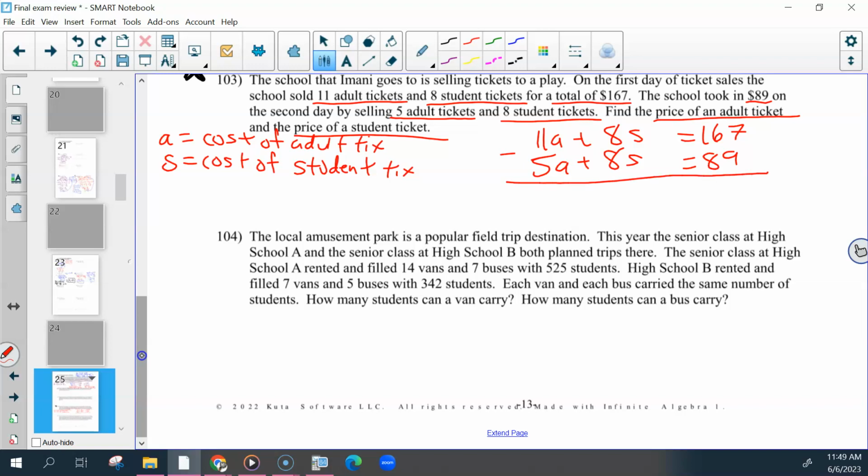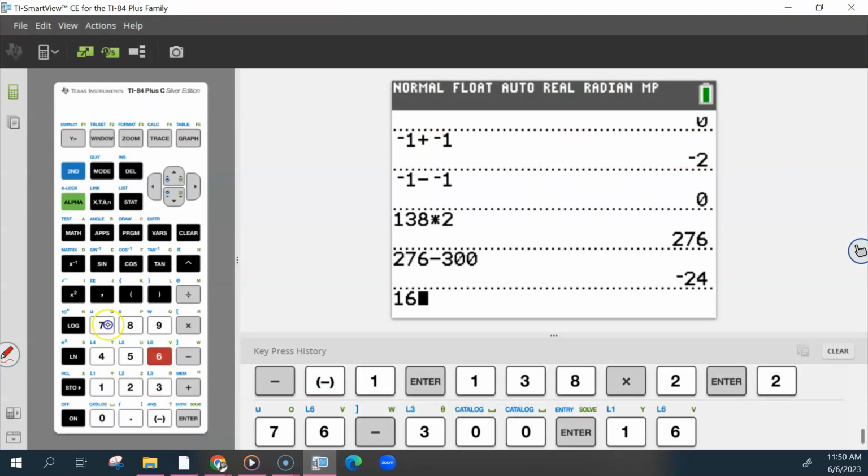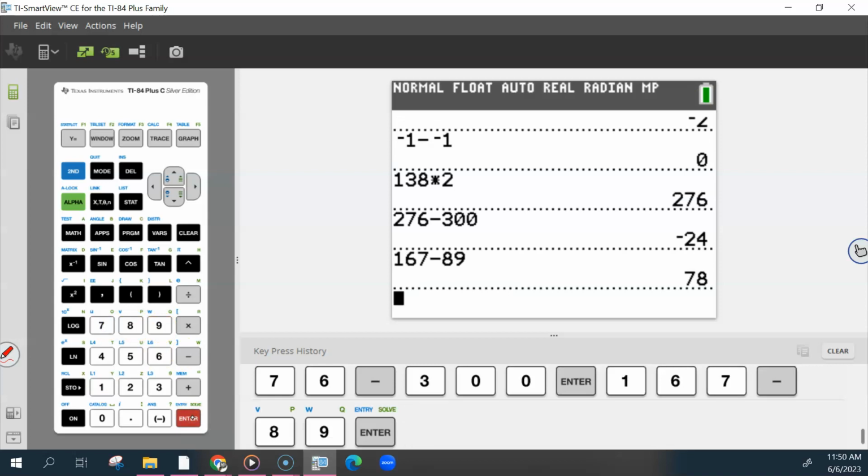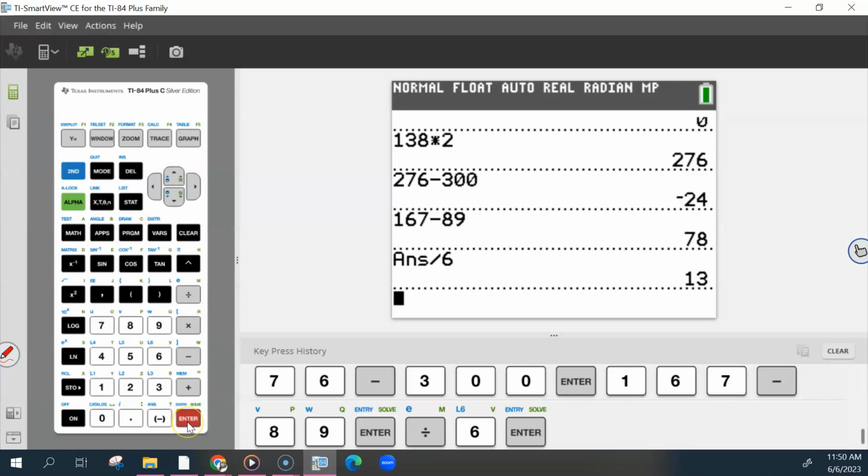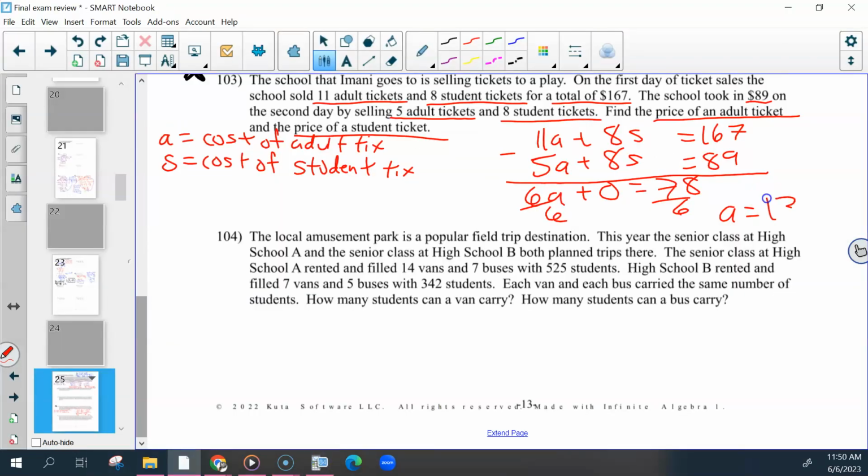So we have 6A, the S terms become 0, and then whatever that is, 78. And then divide both sides by 6. This one, we're again looking for price, so our label will be dollars.